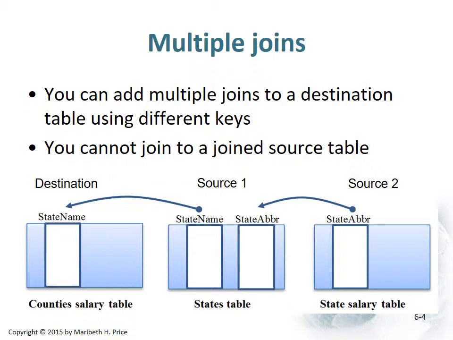You can join as many tables together pretty much as you want. You cannot join to a joined source table. What we can do here, we can have destination, our original data table, matched to source number 1. Then we can join that source 1 to source 2 and bring them together one at a time, and build then a very large data set.